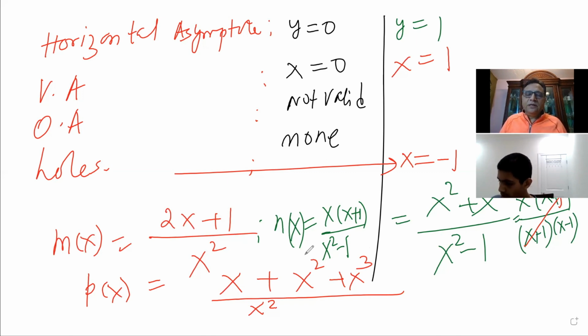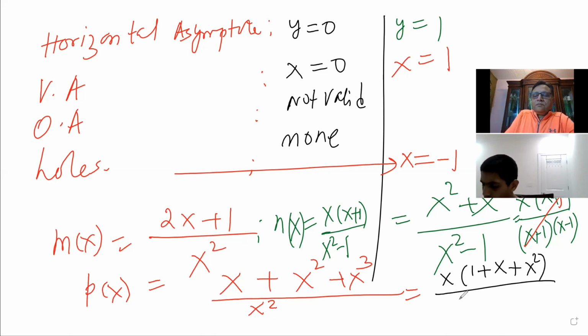What is going to be the hole, if any? How will you do this? I think there is no horizontal asymptote. Correct, no horizontal asymptote.